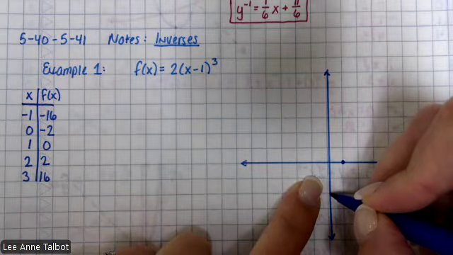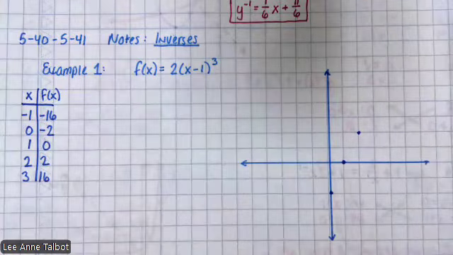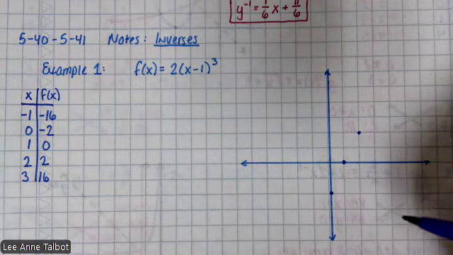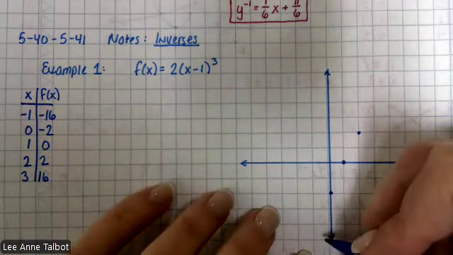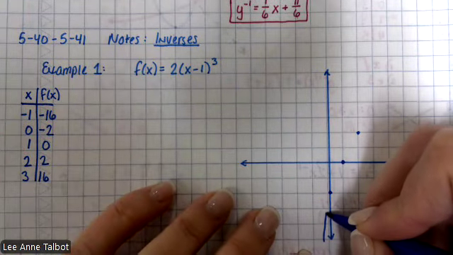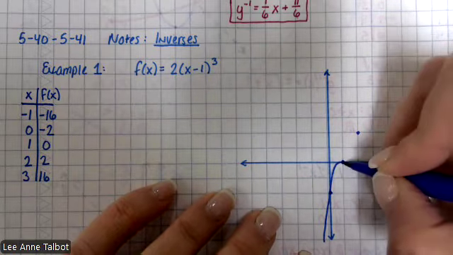0, -2, 2, 2. Okay, so when you come up through here, remember that the inflection point has this flat part.